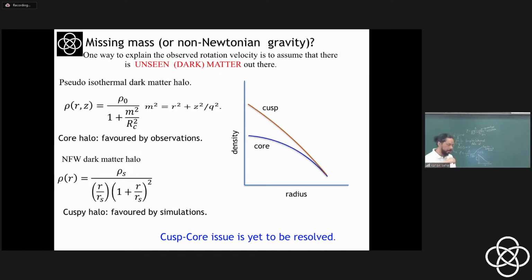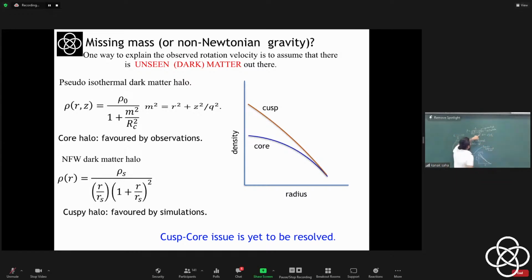So what's the difference between this and this? The difference is that when R goes to 0, for NFW the value still blows up. At large R, when R is greater than Rs, where Rs is some kind of a scale length in the problem, like a core radius also.